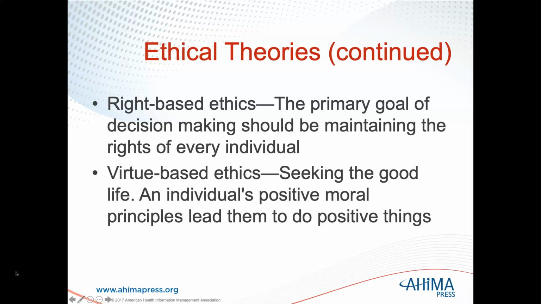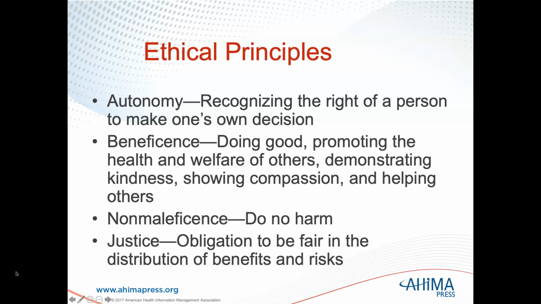These are all good things, but you just need to know the terms to understand the different ethical theories. And then we get to ethical principles, where you have autonomy, beneficence, non-maleficence, and justice. These are the four main ethical principles that you need to be aware of. Make sure you know what they are and what they mean, and examples of each one. Because hint, hint, hint, it will be on your quiz.